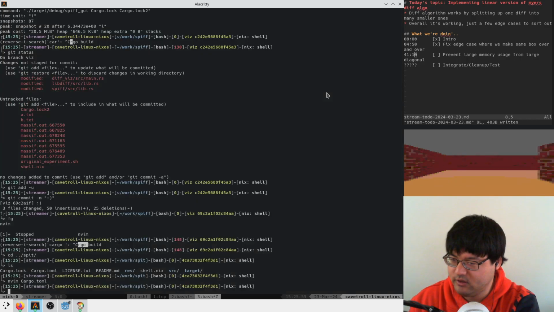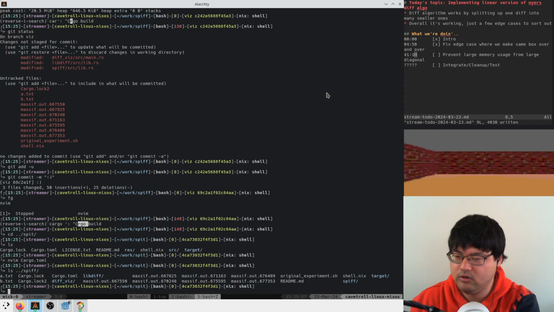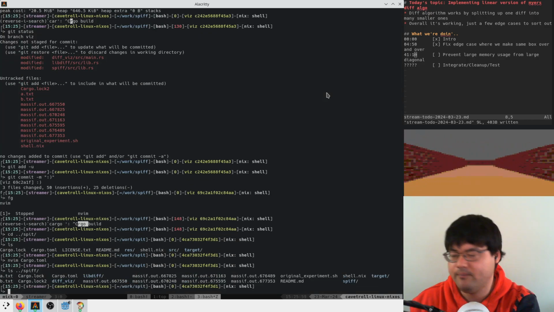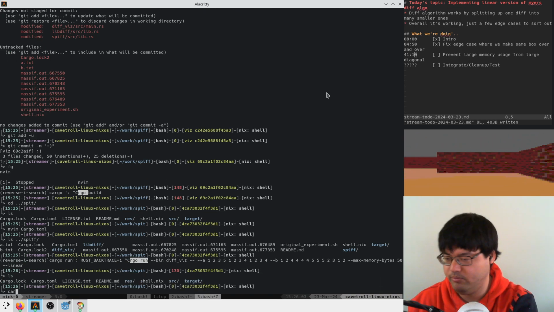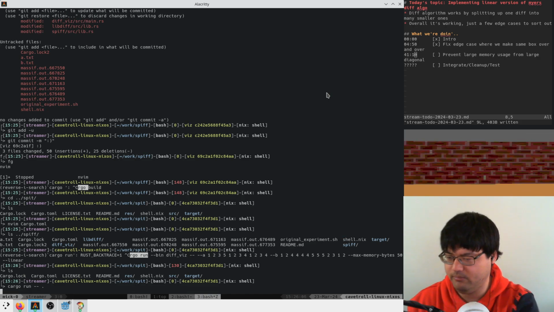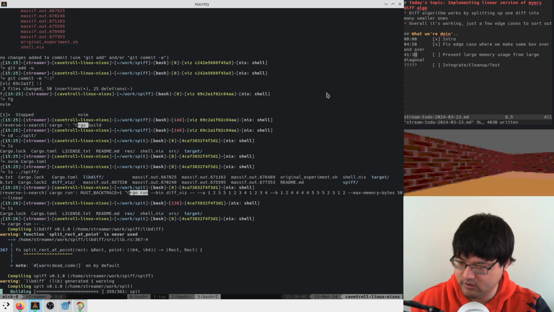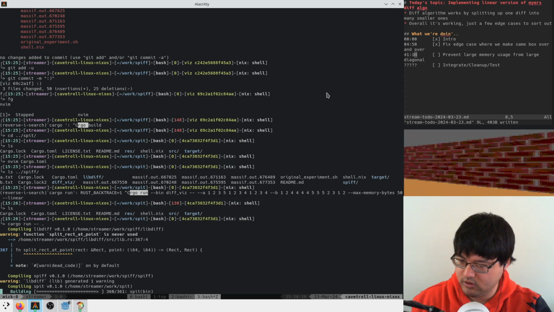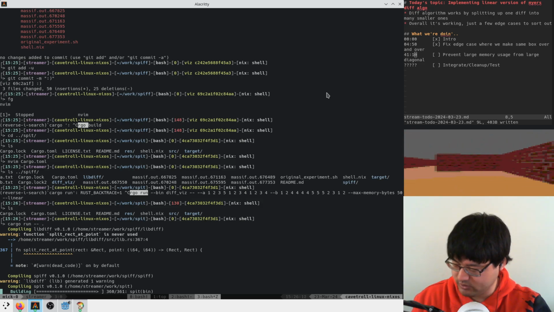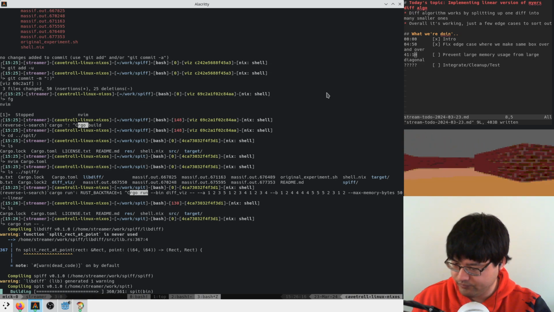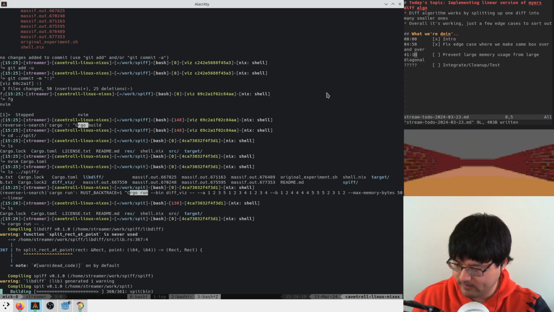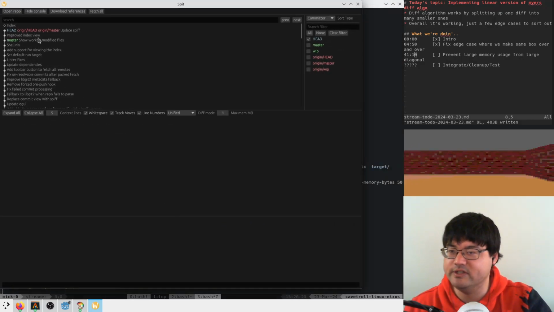I think it's like this. Yeah. So I should be able to say cargo run on this. And hopefully now we should see reasonable diffs in under a megabyte of memory usage. And we can quickly take a glance to see if they look sane.